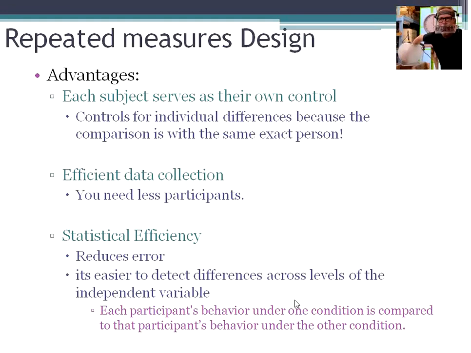Now, one thing that is cool about repeated measures designs is that each participant serves as their own control. So what you can do is control for variability across participants. One thing that might influence how long a person can keep their hand in that bucket of ice water is baseline pain tolerance, right? Some people might have higher pain tolerance than others.